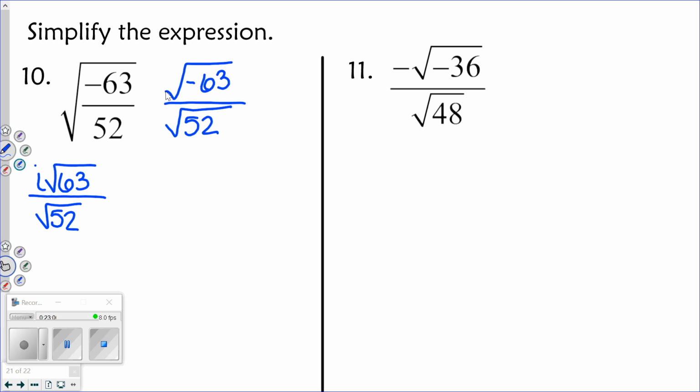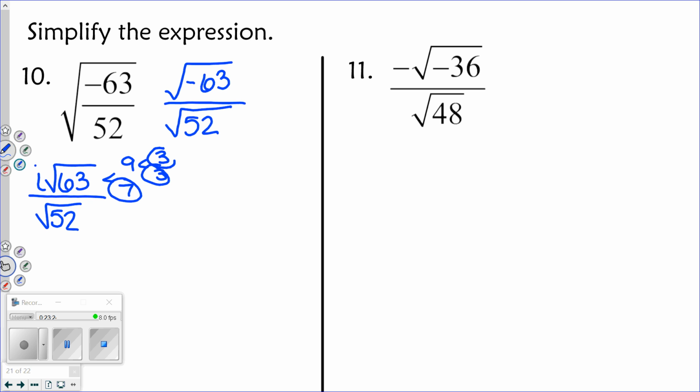All right, what's your next step? Simplify your radical. Think about if you tried to rationalize this. You would have 63 times 52. Your numbers are getting huge. Let's not do that. So we'll do a factor tree on the 63. What do you multiply to get 63? 9 and 7. 3 and 3.